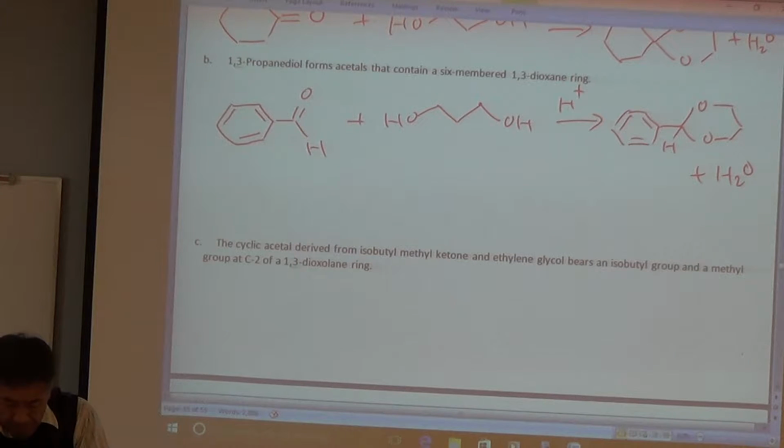So C, if you review the reagents given to you, is this ketone. Okay.